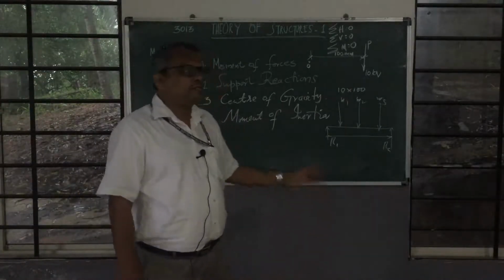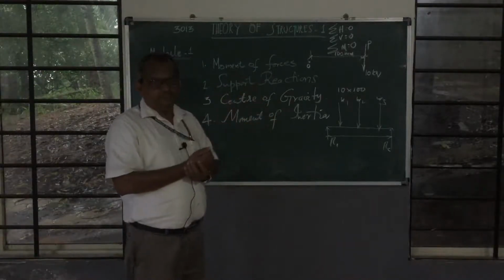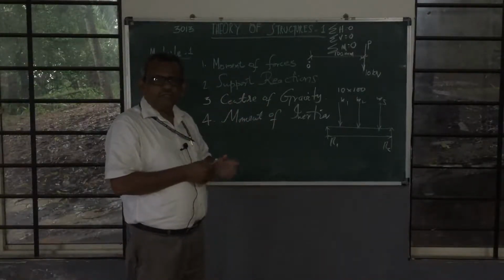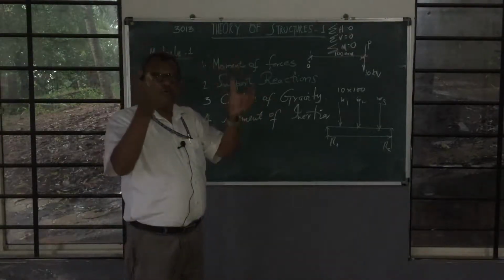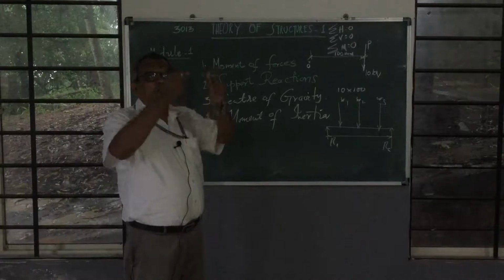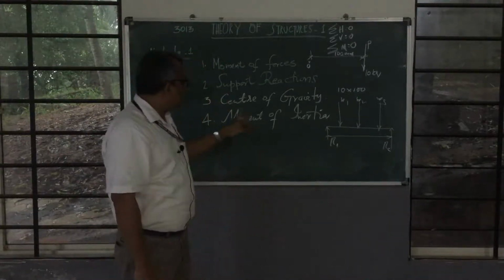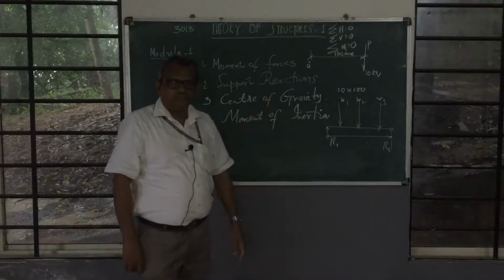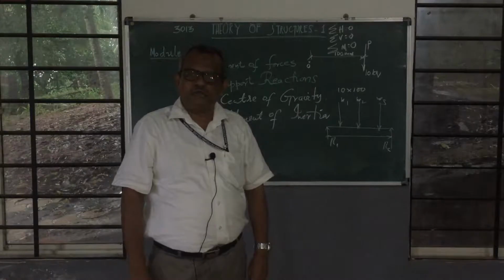When we discuss the center of gravity, there should be a three-dimensional body having some mass, right? Then the resultant of all the weights will act through a particular point. That point is known as the center of gravity. You studied these in detail in physics.